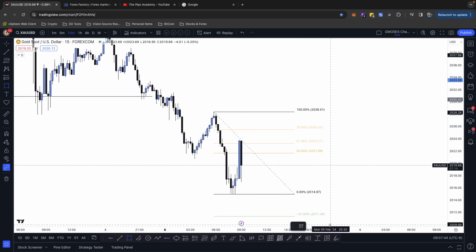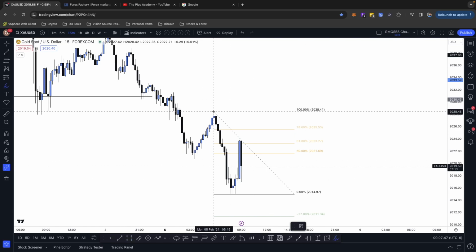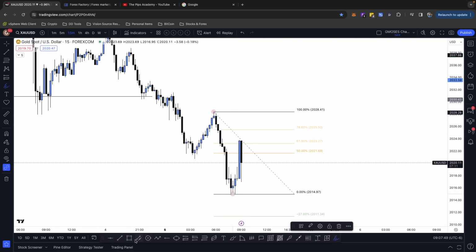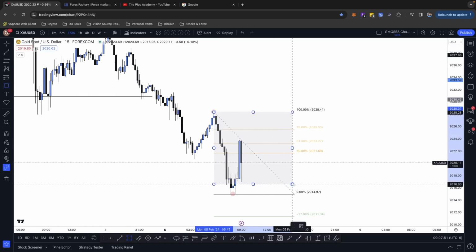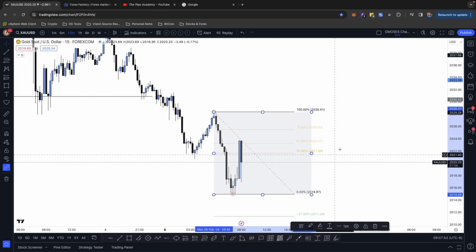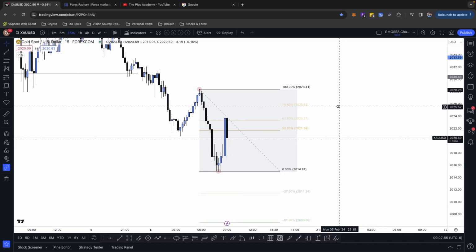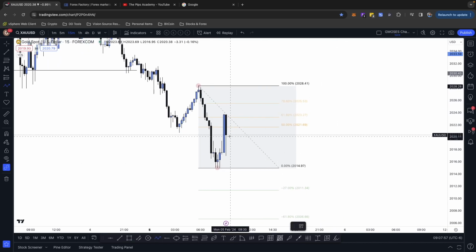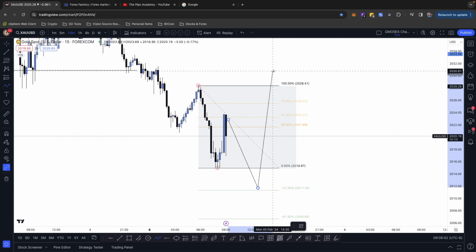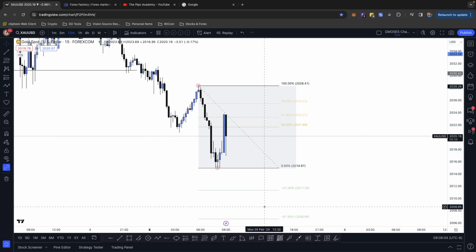This is our swing high here, our swing low, and then we have our trading range in this area here. So anything inside of here is considered internal structure until we get a break from this area here, or if price decides to break structure.